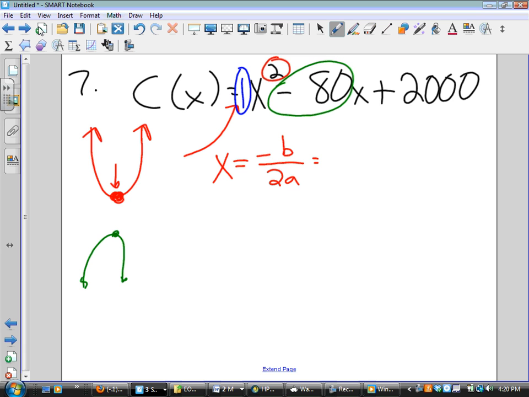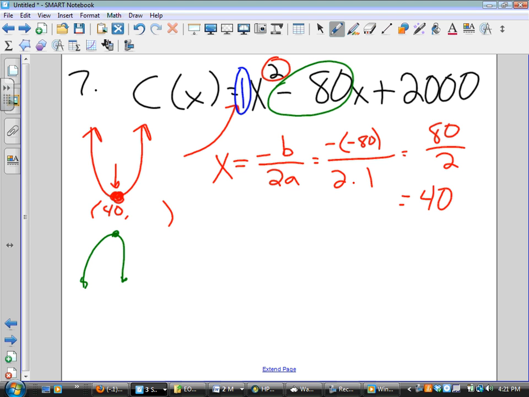Okay, so if we simplify this, we have a negative 80 divided by 2 times A, which is 1. If we simplify this, this is 80 divided by 2, and 80 divided by 2 is 40. So what that means is we know that the X value of the vertex has to be 40.